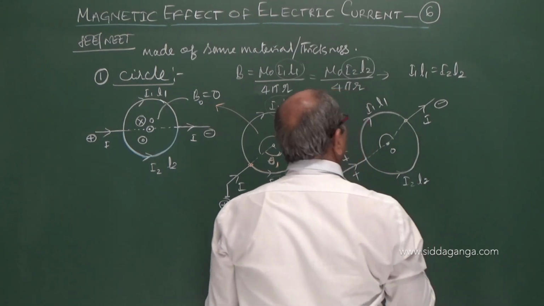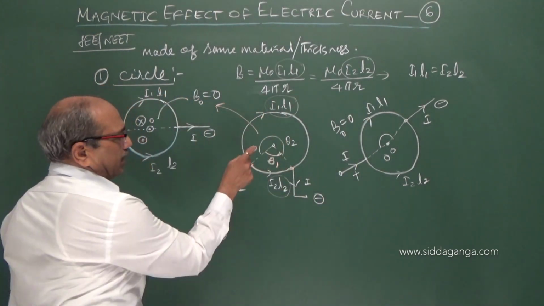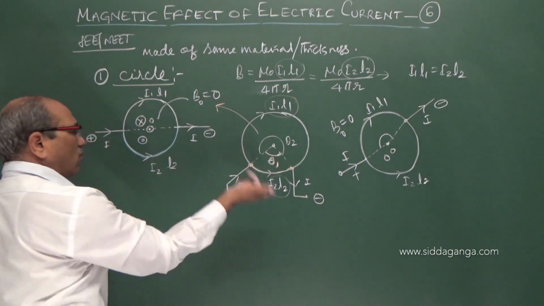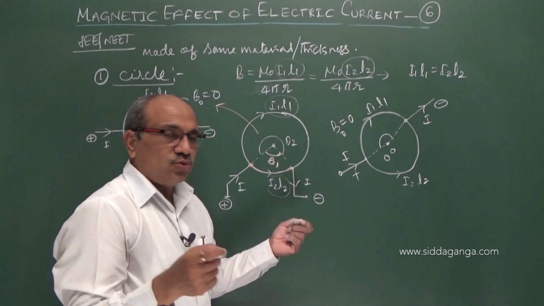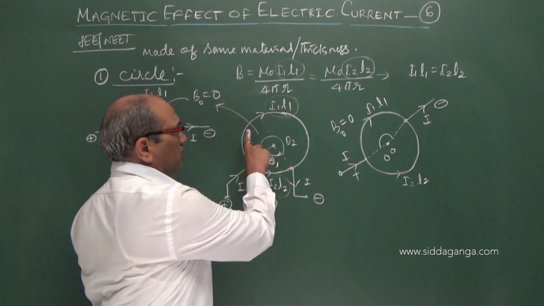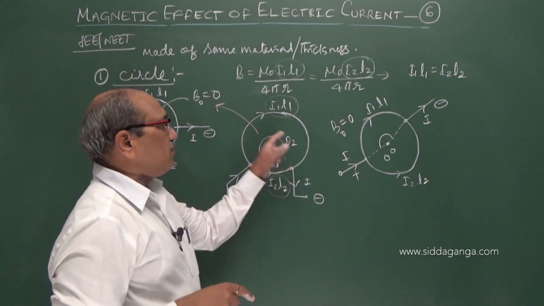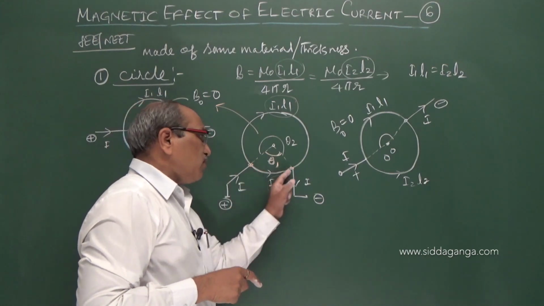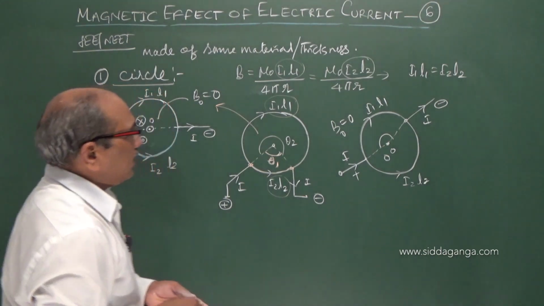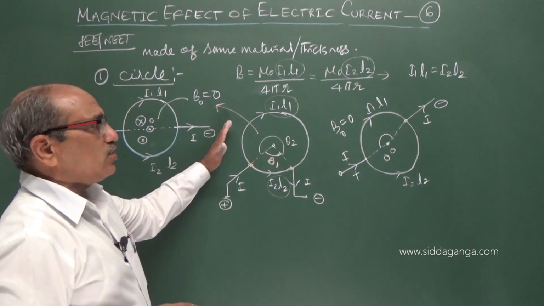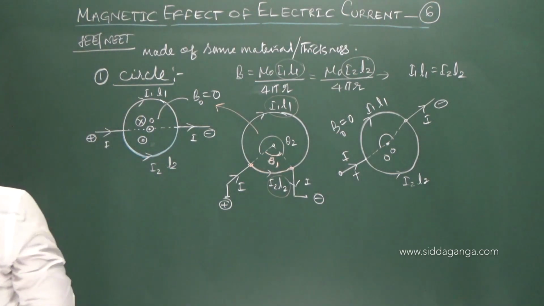Even in this case, the field at the center becomes 0, whether the angle is acute or obtuse, or it may be 180 degrees. If the loop is split into two parts, the current splits, and they act as two parallel wires carrying the current. One part produces some field, and the other part of the loop also produces a field of the same magnitude but in the opposite direction, and hence the net field at the center in such a case is 0. Just think and answer without going for calculations.